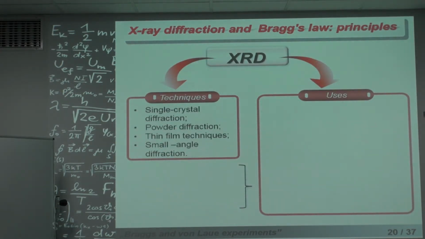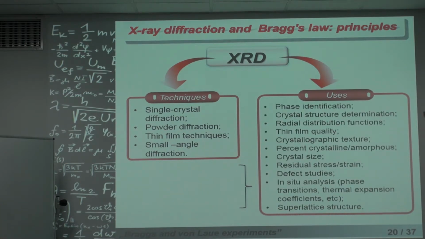Diffraction has different techniques: single crystal, powder, thin films, and small angle diffraction. The first three depend on the form of the sample we're investigating, and the last one gives us the investigation in the angles between 0.1 to 10 degrees. By investigating with X-ray diffraction, we can get all kinds of information.